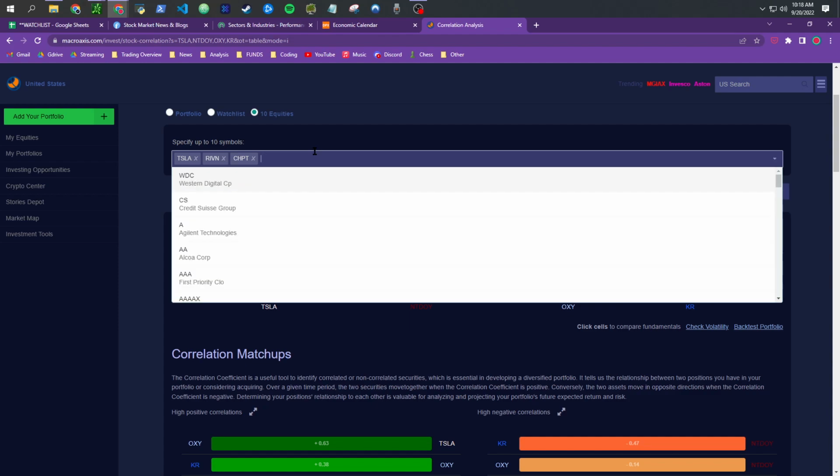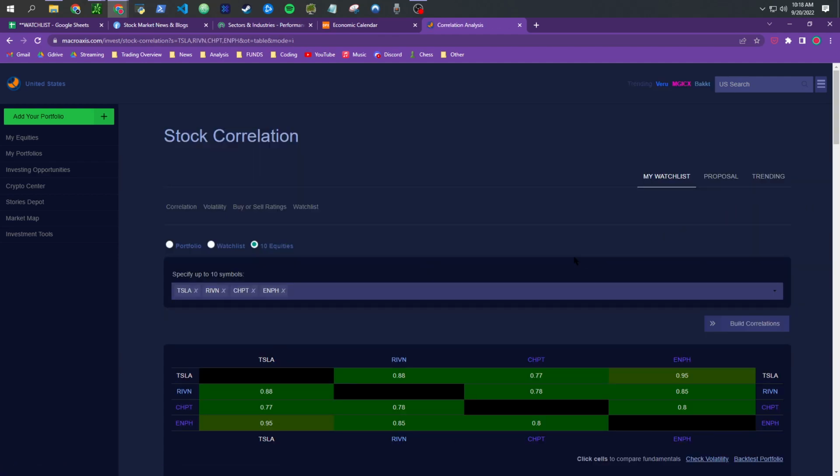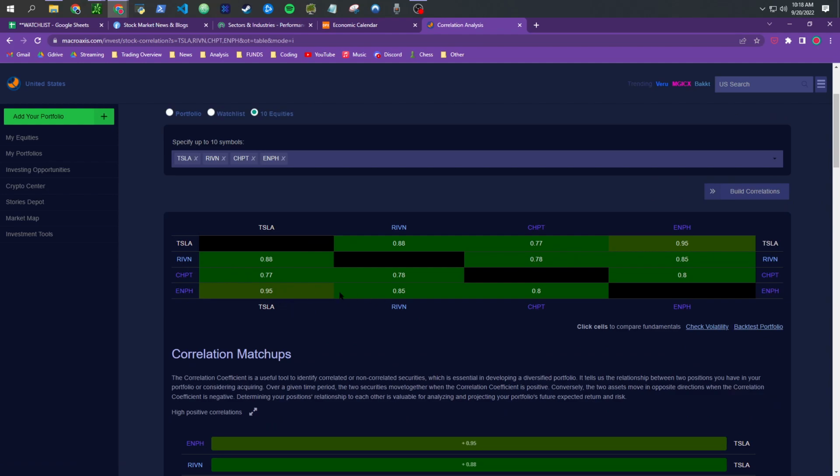I don't even remember the ticker. What are some other crazy ones? Let's do Enphase, because that's kind of similar, right? So let's look at those. So look at this. It's just green across the board. Tesla and Enphase, 0.95 correlation. So if you're like, oh, I'm picking Enphase over Tesla, maybe you're picking the same freaking thing.